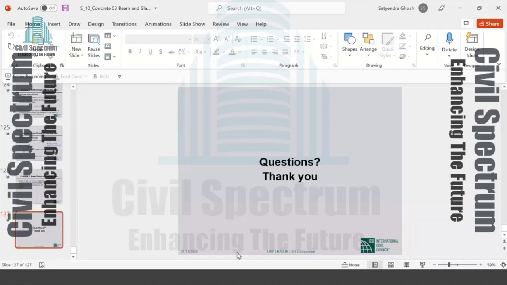So coupling beam design requires diagonal shear rebars when the shear exceeds 4 root f'c. Can this diagonal rebar be utilized as flexural rebar as well? Yes.